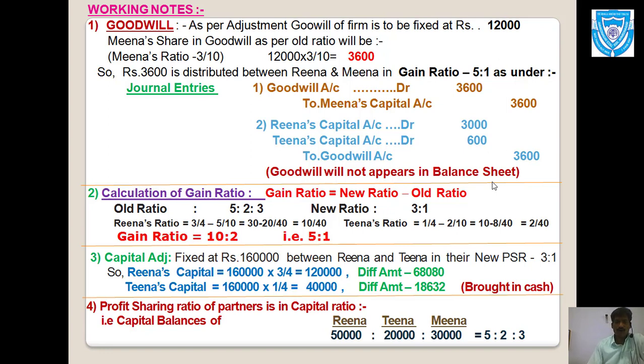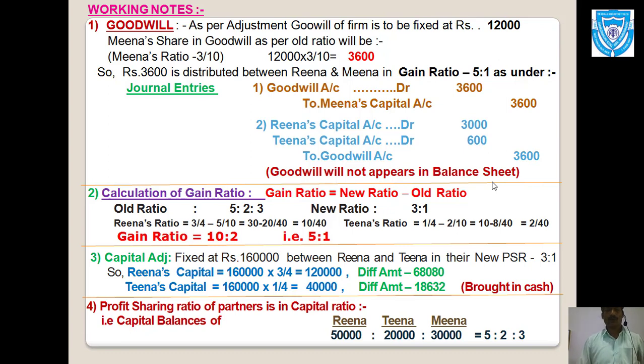First, for creating goodwill, raising goodwill account debit to Meena's capital account, rupees 3,600, and then later on it is debited to partners capital account, remaining partners.